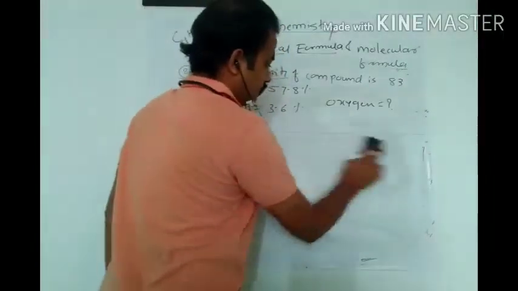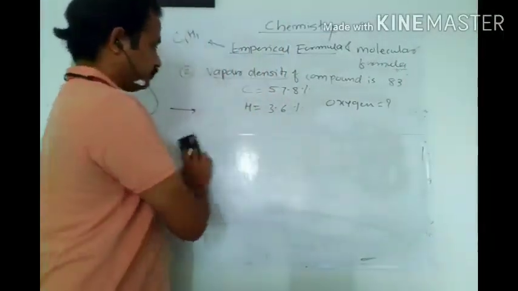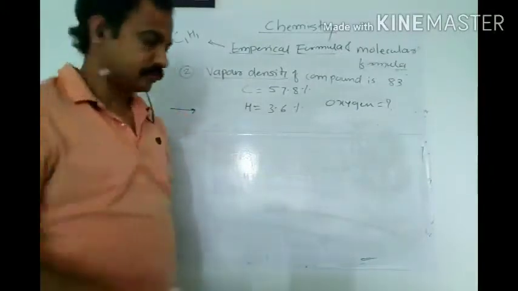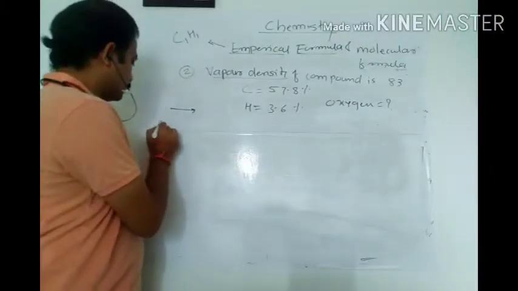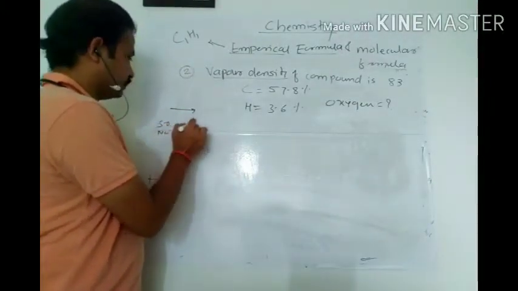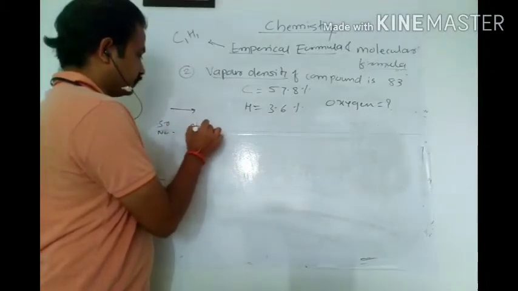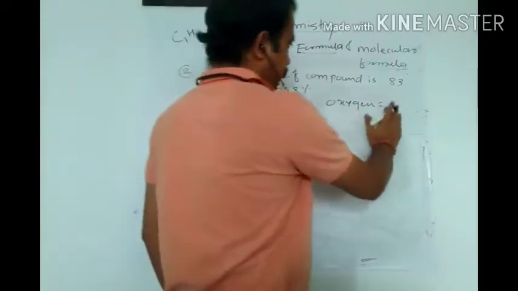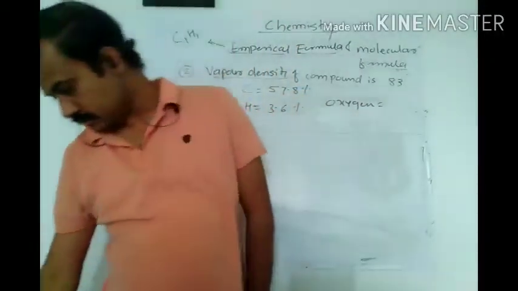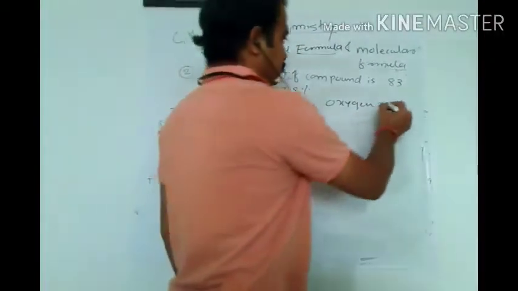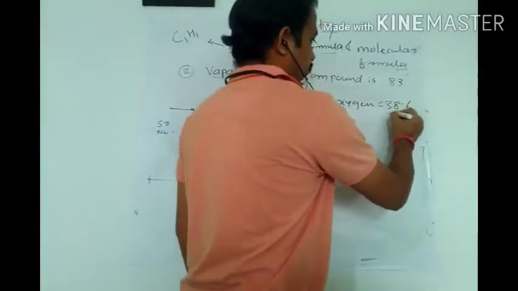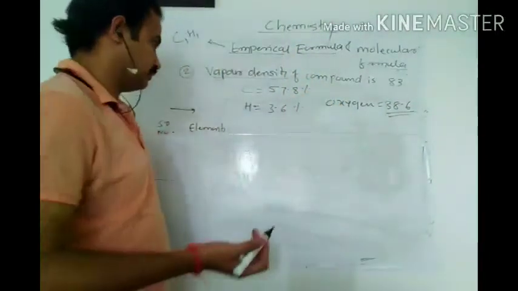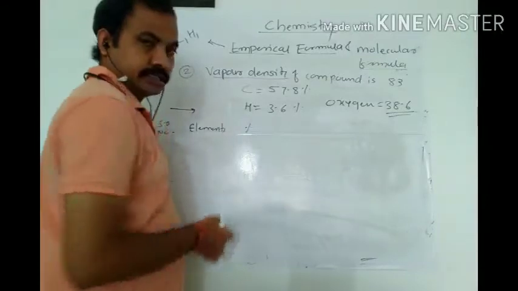Here I will make one table, as usual as we already discussed. The first column is the serial number, the second is elements, and the third one is percentage, where we can write down the answer 38.6 for oxygen.